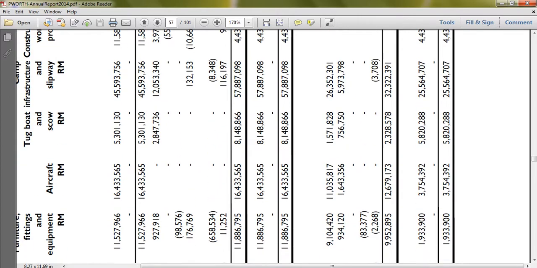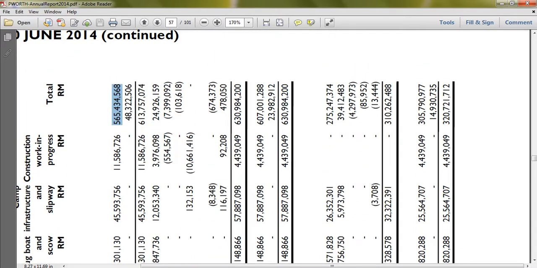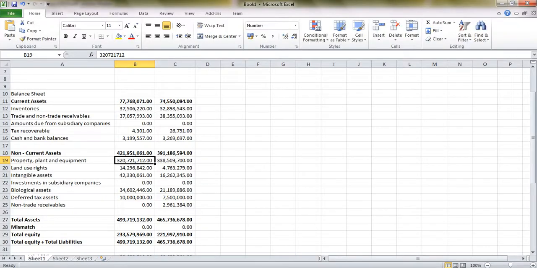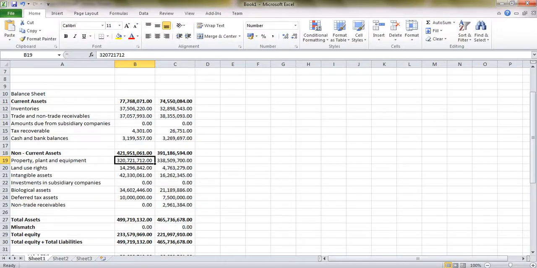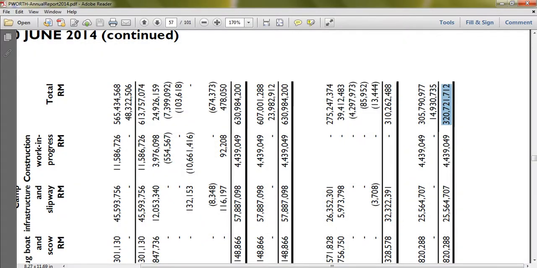Book values. These things. This is 2014. Still got one for 2013. Hey man, this is not kidding, man. You see the overall figures over here, 320 millions.